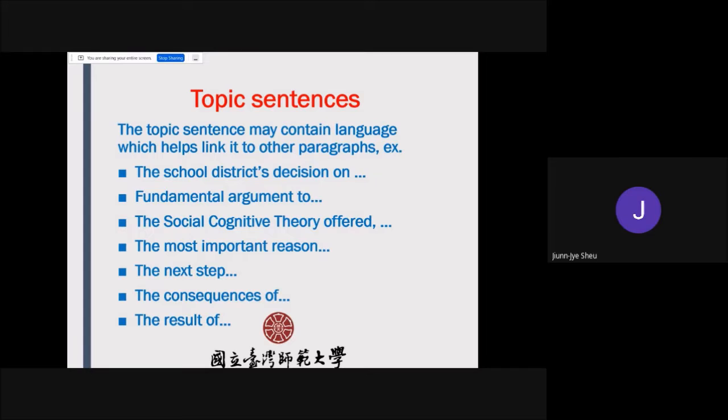The social cognitive theory offered whatever, followed by the other content, other subject, other object of your paragraph. And other examples like the most important reason, the next step, the consequences of whatever, the result of whatever. These can be examples of topic sentences that lead to your supporting sentences.